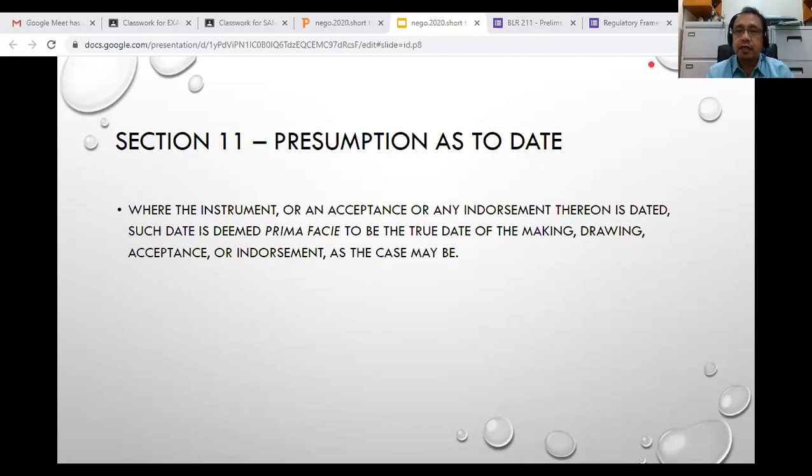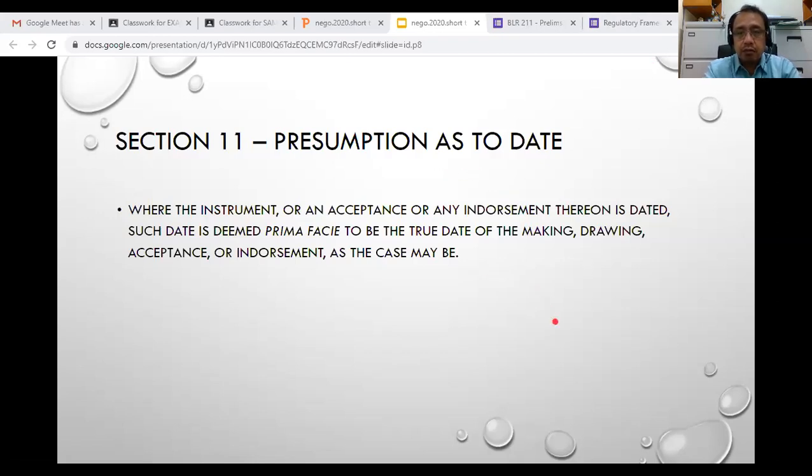In other words, in the absence of any evidence to the contrary, the date of the promissory note is presumed to be the true date of the making. If it's a bill of exchange, that is presumed to be the true date of the drawing. If it's acceptance, then presumed to be the true date of the acceptance. If it's endorsement, then presumed to be the true date of the endorsement.